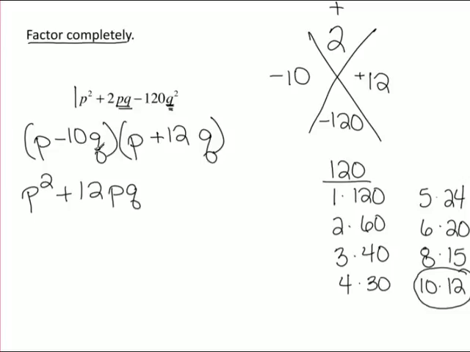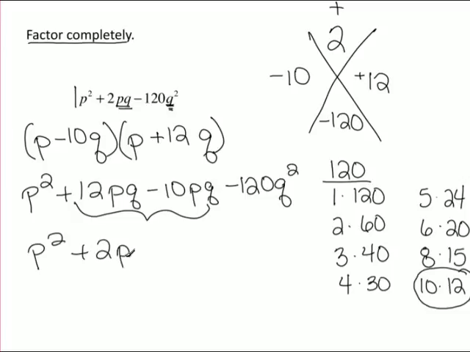And then negative 10Q times P gives us a negative 10PQ. And negative 10Q times a positive 12Q gives us a negative 120Q squared. So we combine like terms. We get P squared plus 2PQ minus 120Q squared.